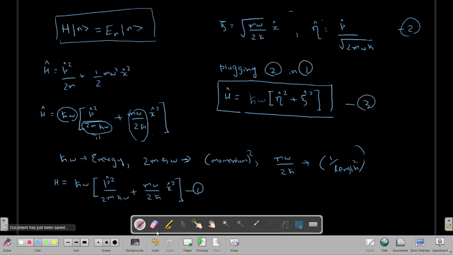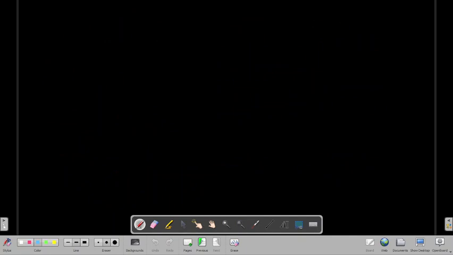Now, if I calculate the commutation relation between xi and eta, then what will be my answer? Okay. So, since you know that xi is nothing but under root of m omega by 2h cross into x, and eta is p divided by under root of 2m omega h cross.